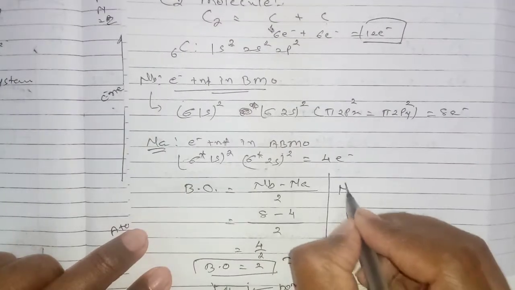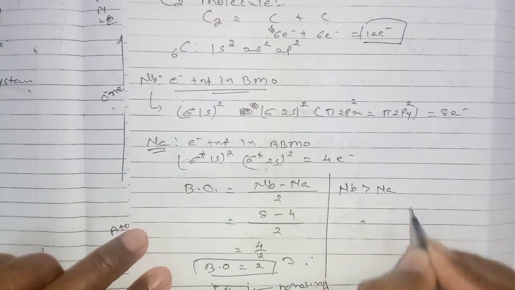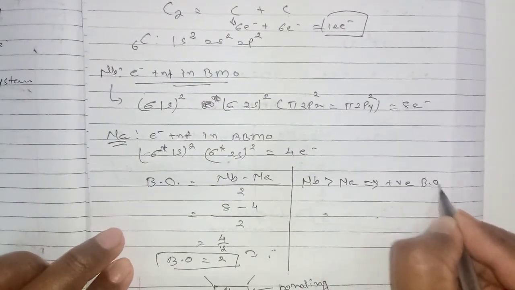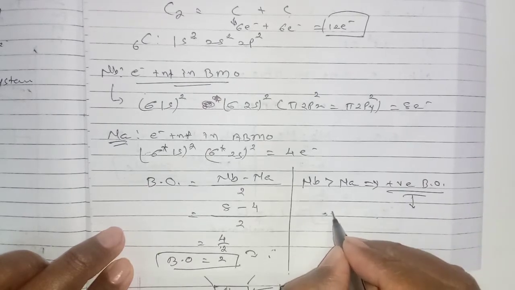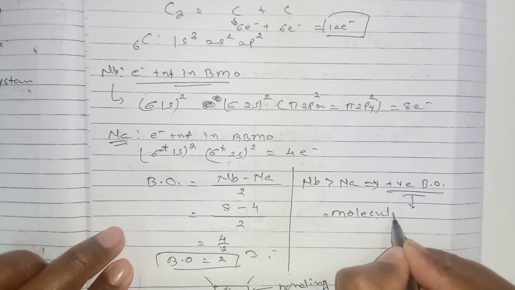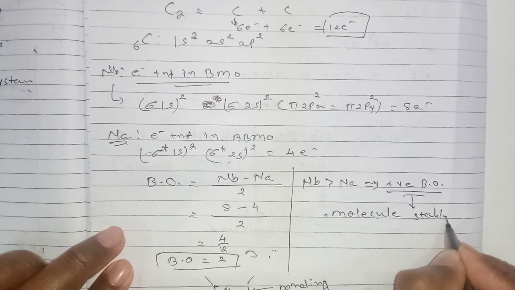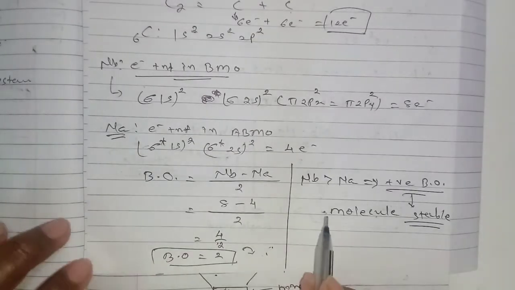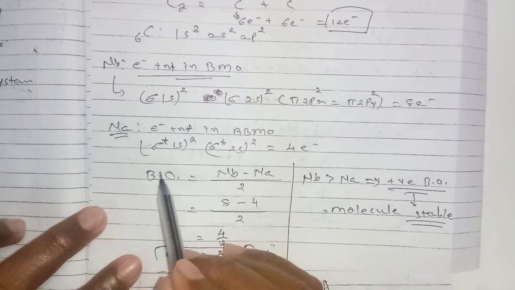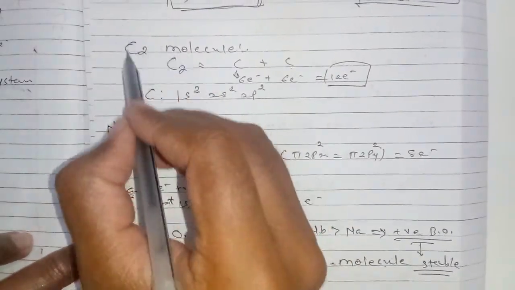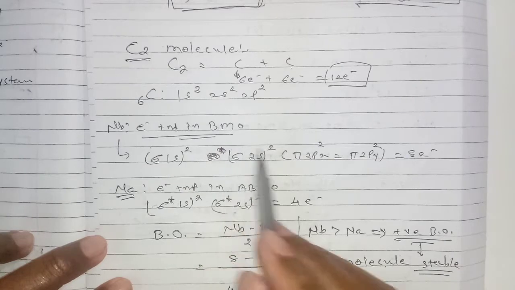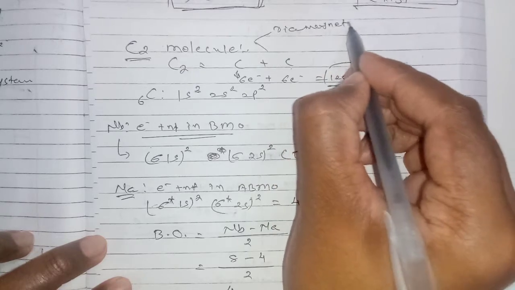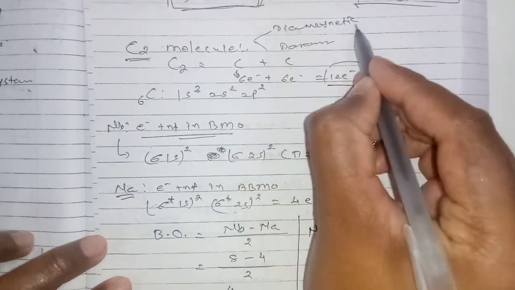And the second thing, here Nb is greater than Na, that means the bond order is positive and the molecule is stable. And now let's see whether the C2 molecule is diamagnetic or paramagnetic in nature.